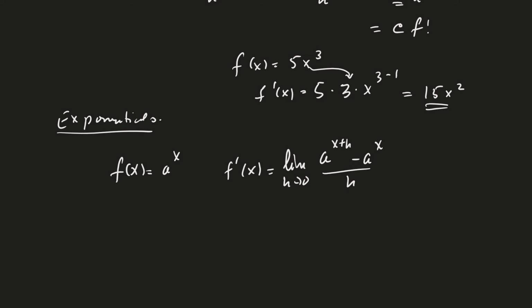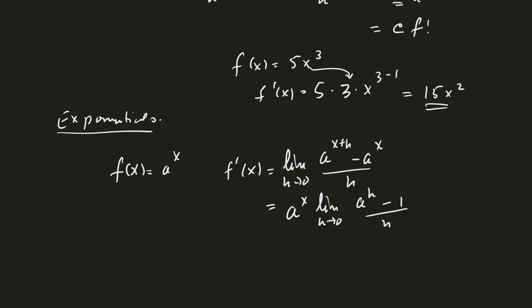And so remember what we did? We factored out the a to the x, and let's go ahead and factor it all the way out since it doesn't depend on h. Then we would have a to the h minus 1 divided by h.